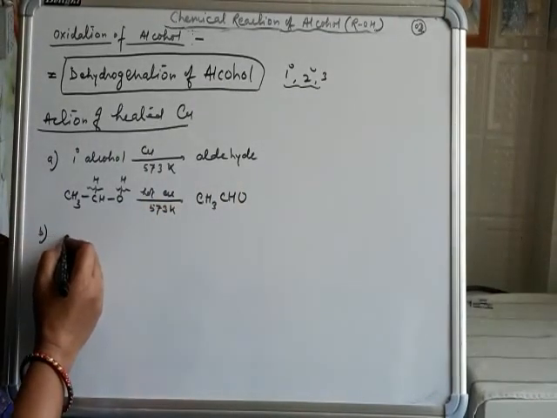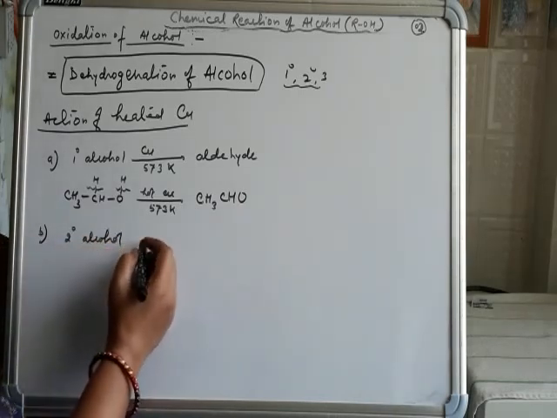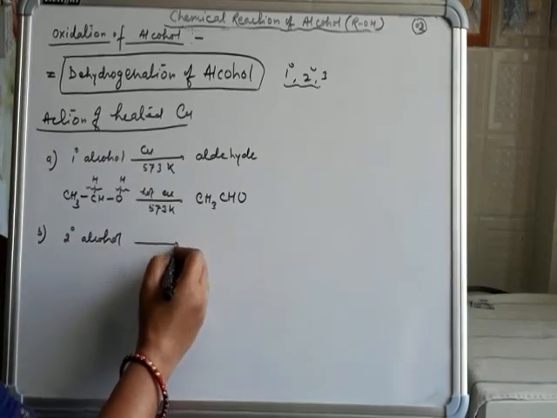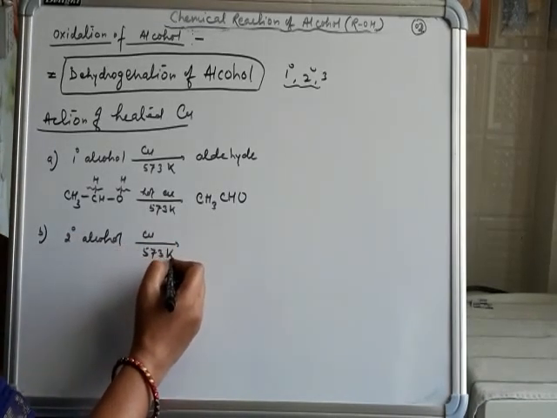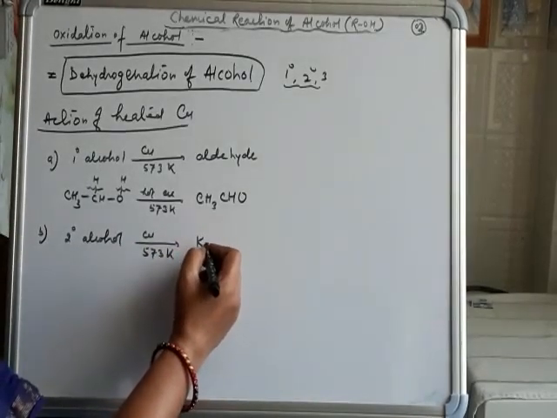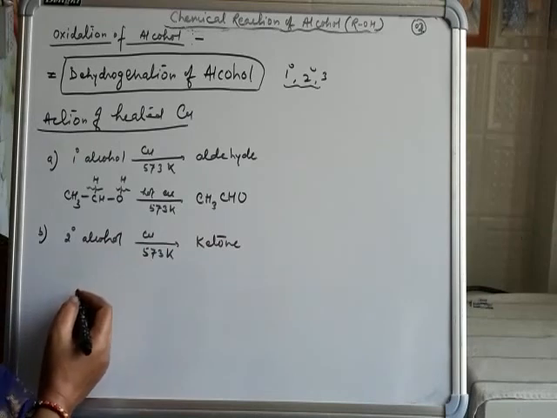Next, what about 2 degree alcohol? When 2 degree alcohol is passed over heated copper at 573 Kelvin, formation of ketone takes place. We can write the example also.